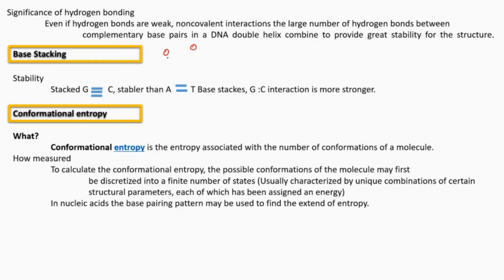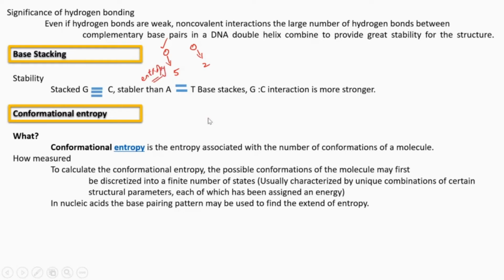And this molecule can exist in 5 different conformations, and this can exist in only 2 conformations. Then which of them will be more stable? Certainly this one will be more stable because it can exist in 5 different conformational forms. So those molecules having the maximum number of conformations will have the greater entropy, greater stability.